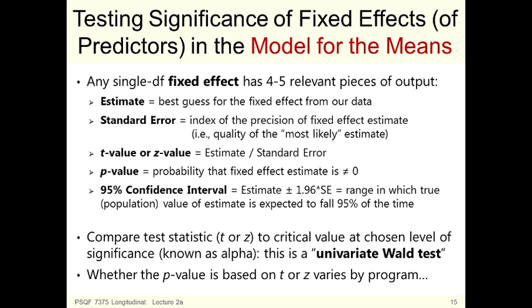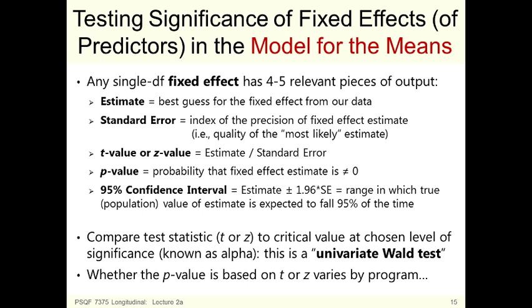That's the numerical quantity that gives you the best guess of what that parameter is, so the intercept or the slope. Next to that usually is the standard error, and both of those are things you would want to report in any manuscript or results section. The standard error indexes the precision, so smaller standard errors mean the model is more likely to have the best version of that estimate.